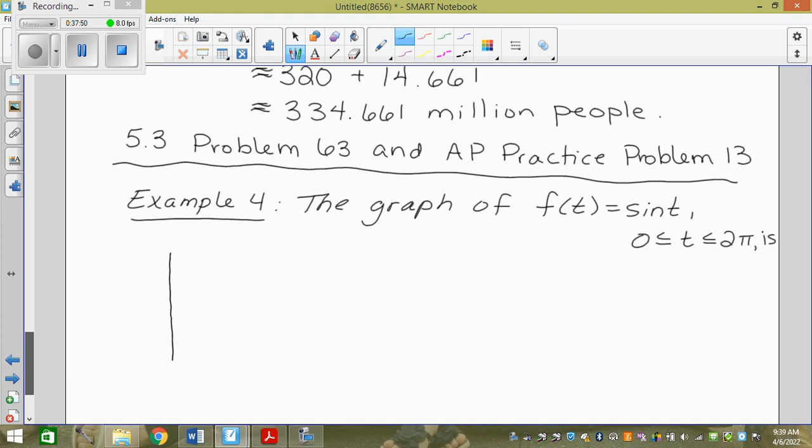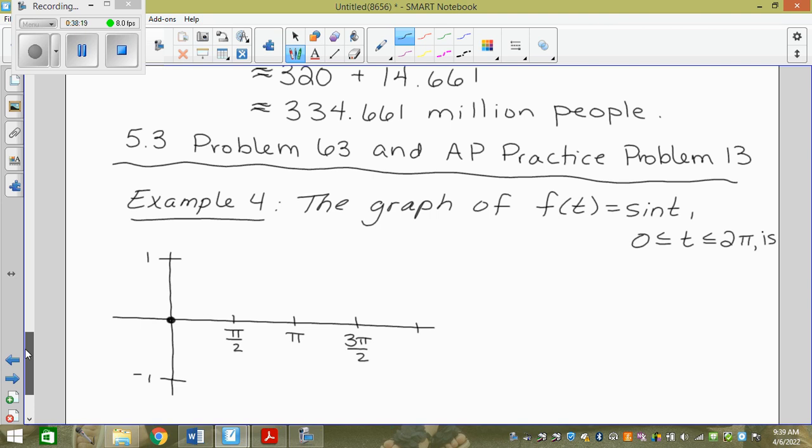So if we go to sketch it, we have 1, we have -1, and sine of 0 is what? 0. Now we can pick a whole bunch more, but I'm just going to go pi over 2, pi, 3 pi over 2, and 2 pi.